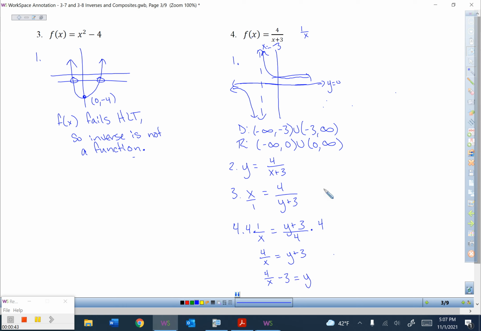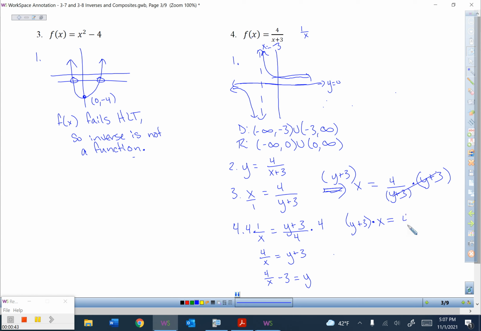Okay, just to show you here, and you can just watch if you'd like, this is the same thing as if you had x equals 4 over y plus 3, and you wanted to multiply by that y plus 3 on both sides. Our brain isn't very good at not distributing, but that's exactly what you would have to do if you use this method.